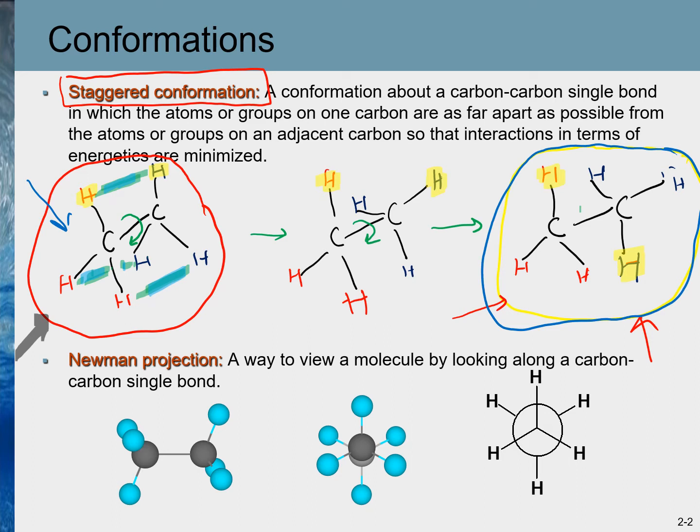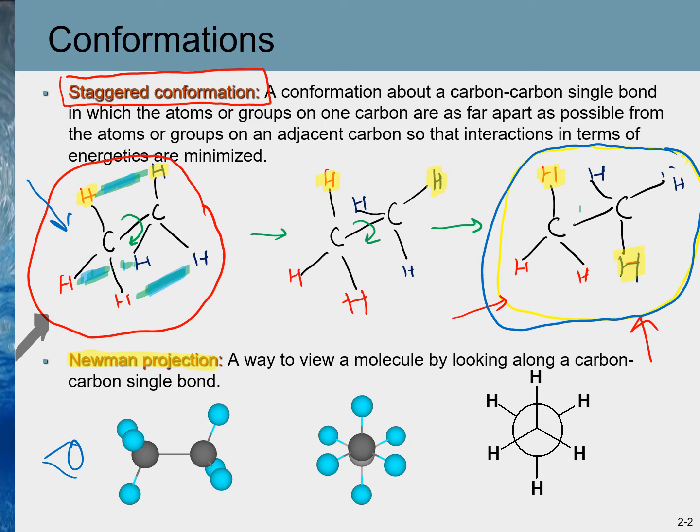There is a better way of visualizing the conformations of alkanes, and that method is known as Newman projection. In Newman projection, we visualize a molecule from the side. So imagine that a person is looking from this angle.